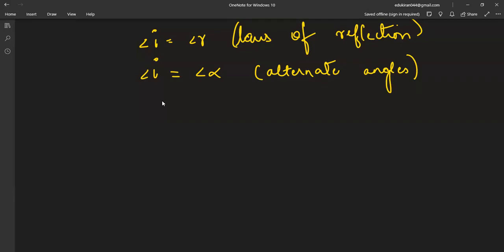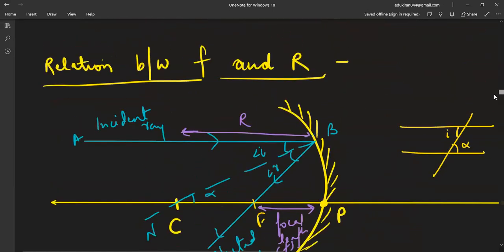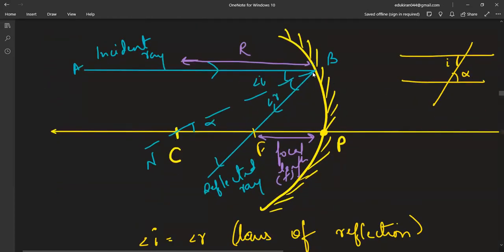Now, the angle of incidence is equal to R, and I is equal to alpha. So if both of these are equal to I, then they should also be equal to each other: angle R should be equal to alpha. Now look at the triangle CBF. If these two angles are equal, this makes it an isosceles triangle. What is the property?